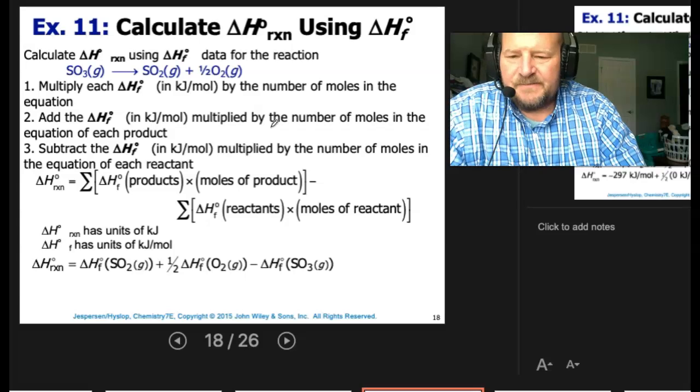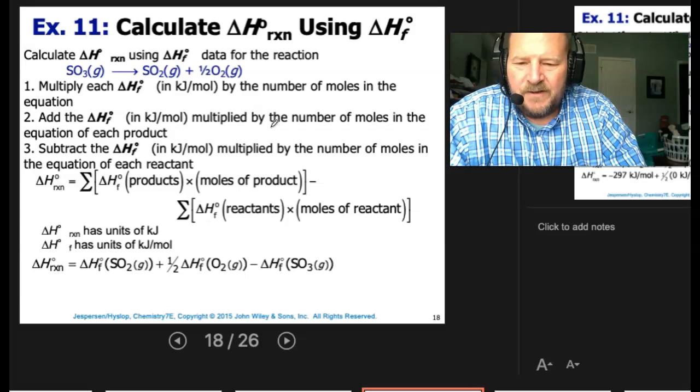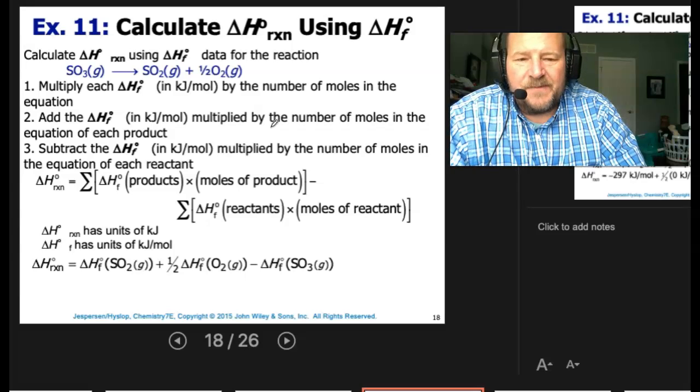So in this case, we'll have delta H of the reaction is equal to delta H of formation for the SO2. All right, it's already balanced, everything's 1 to 1, plus we'll do 1/2 the delta H of formation for O2, and that's because we only needed 1/2 of the O2. We'll subtract from that the reactants, which in this case is the SO3.